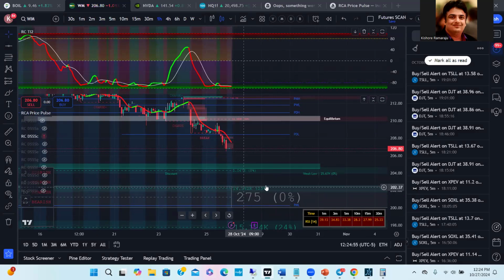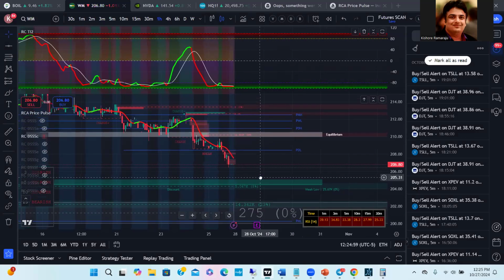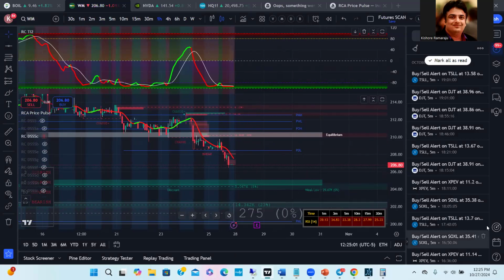So whenever it comes to this point, I can do a bull put spread. As of now, still this is red. These are red. I can wait for some more time. But as of now, it is at the bottom. Maybe tomorrow, after 1 hour, 2 hours, it will touch this and then start moving up. Whenever it starts moving up, whenever this turns green, this turns green, I can take a bull put spread. Again, it will go all the way to $210.